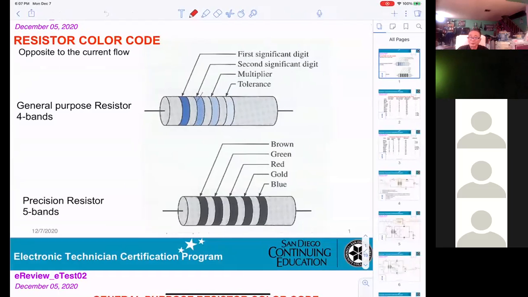Okay, this is what we'll be asking you tomorrow. I try to give you something to review. That means the test will give you the resistor with the colors, and you tell what the value is.